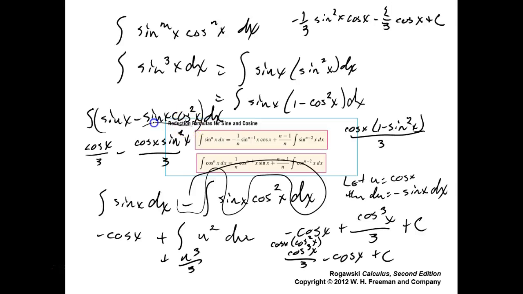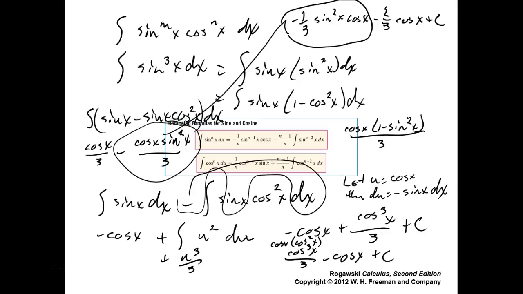Well, this thing right here with that minus sign in it is exactly what we got on the first term there, right? And that came out of the first one. But we still have this minus cosine x down here. That goes up here.